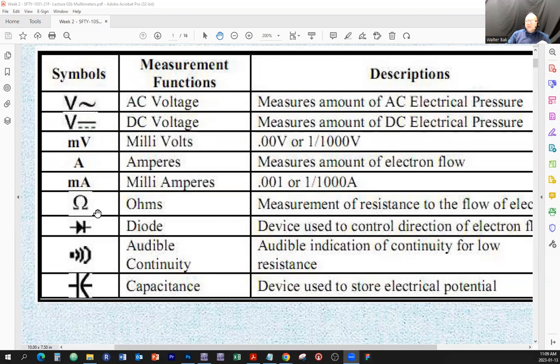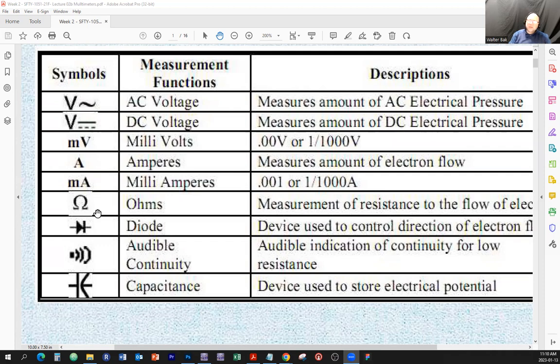Okay, so the difference between resistance and impedance is that passive resistance does not depend on the frequency that we apply. For example, if a resistor is 100 ohms, it is going to be 100 ohms no matter what.